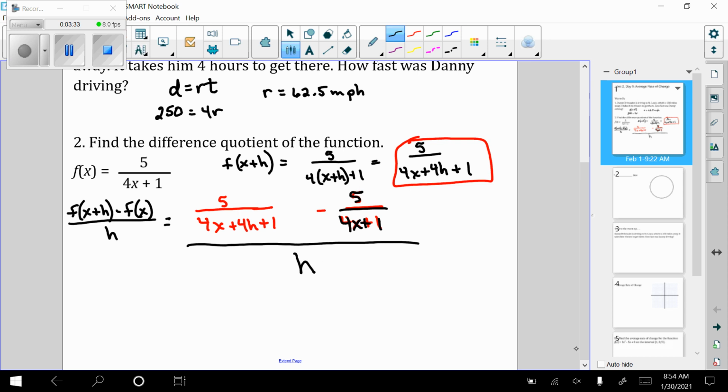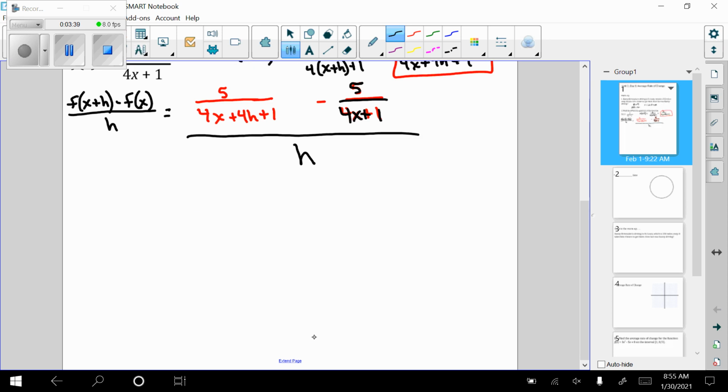I left myself some room so I could find my common denominator on the top, which is basically the product of those two denominators. So I'm going to multiply this one by 4x plus 1, and this one by 4x plus 1.